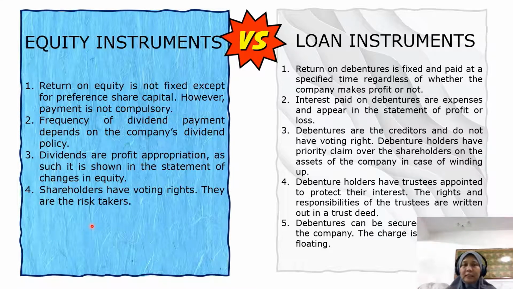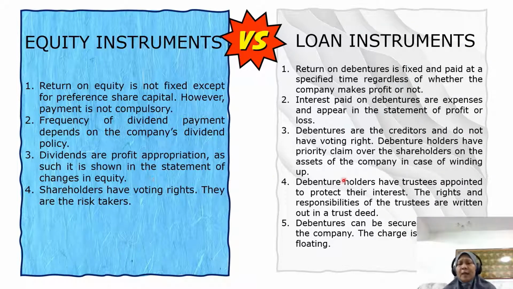So basically these are the differences between equity instruments and loan instruments. And the famous difference is basically on the return, because the return on equity instruments is not fixed, unless it is preference share, but for loan instruments it is totally fixed. Debenture holders have no voting right, compared to shareholders, who have voting rights.